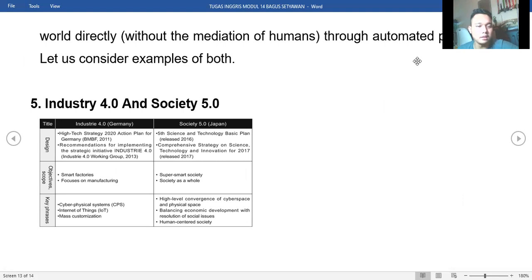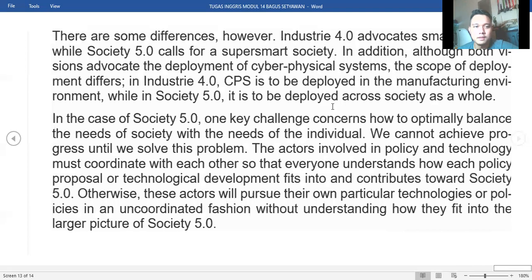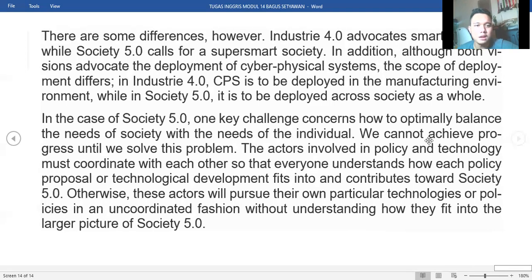5. Industry 4.0 and Society 5.0. There are some differences. Industry 4.0 advocates smart factories, while Society 5.0 calls for a super-smart society.